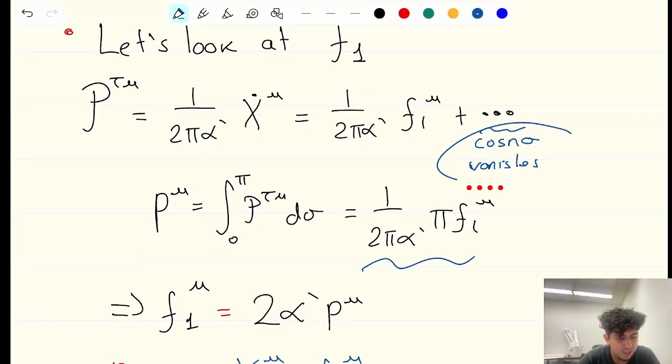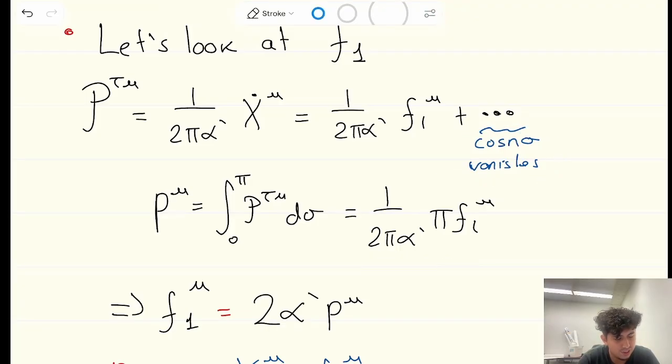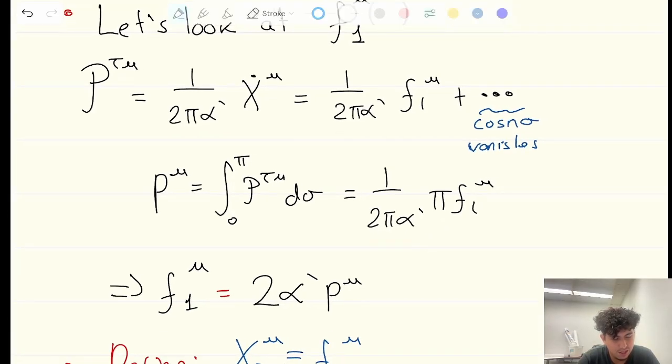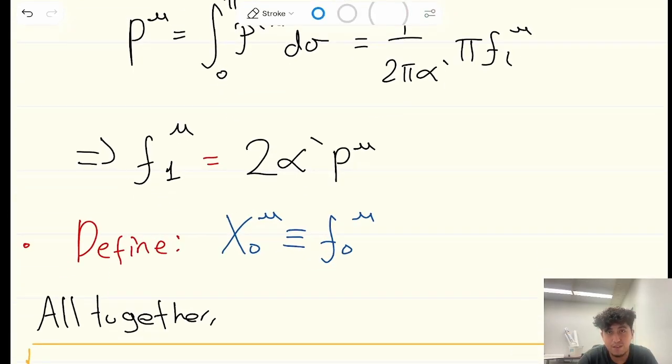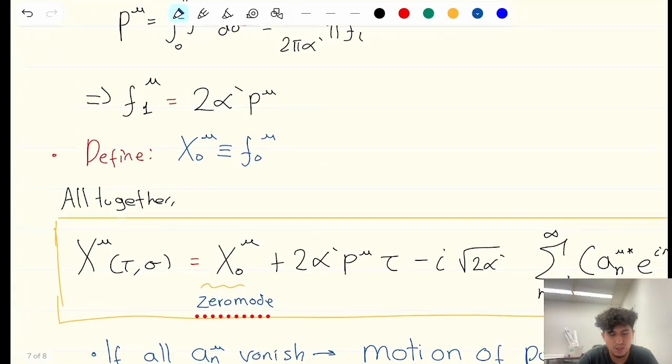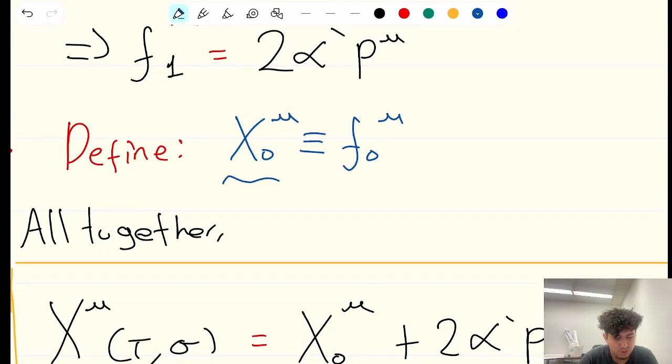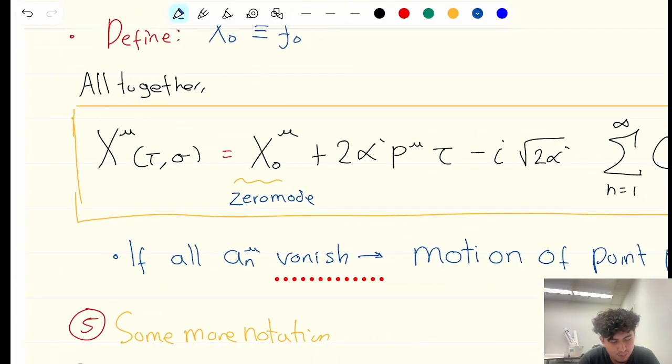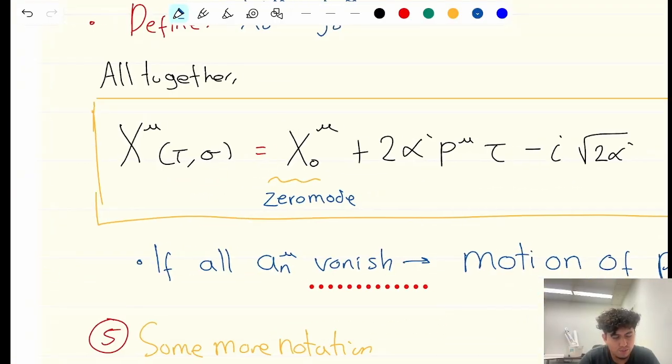And all the cosine terms vanish. So then we just get this. So we can make F1, the first term, to be 2 slope parameter times the momentum. Cool. And we can just rename this, we can call it an offset or an x sub naught for a vector. We call it zero mode.